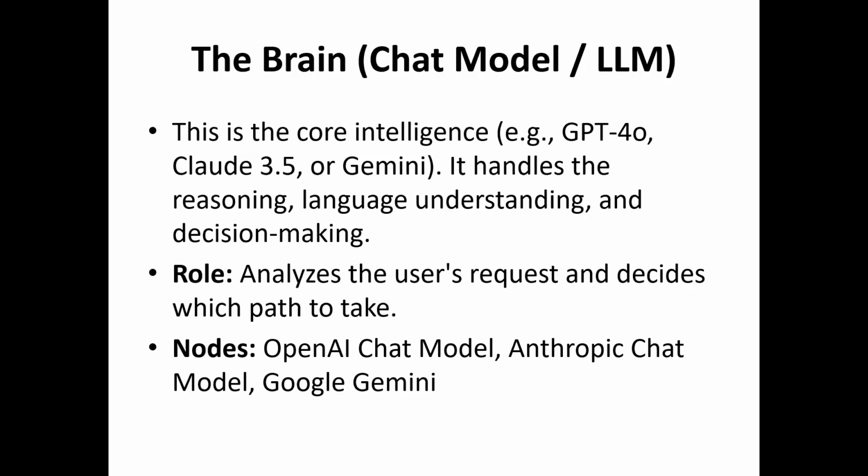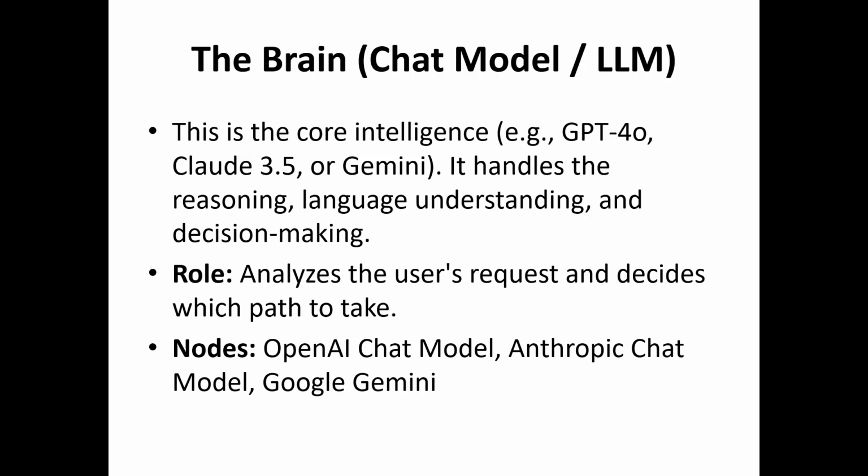So the role of the chat model, or the brain, so to speak, is to analyze the user request and decide which path to take. Remember last time we discussed routes, but we were doing that with the help of a switch, and in that switch, we were writing a conditional logic that helps us determine which route the flow should go based on the condition.